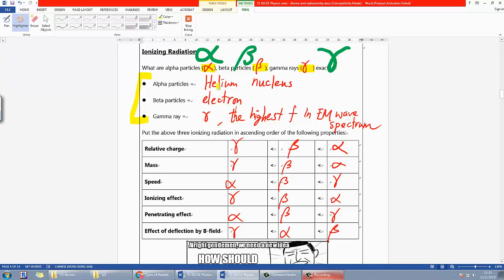Later on, if you heard from the video, then you see that alpha is actually a helium nucleus. Be careful with what I'm trying to say here. It is a nucleus, not an atom. What's the difference? Think about it. The difference is that an atom includes electrons as well.